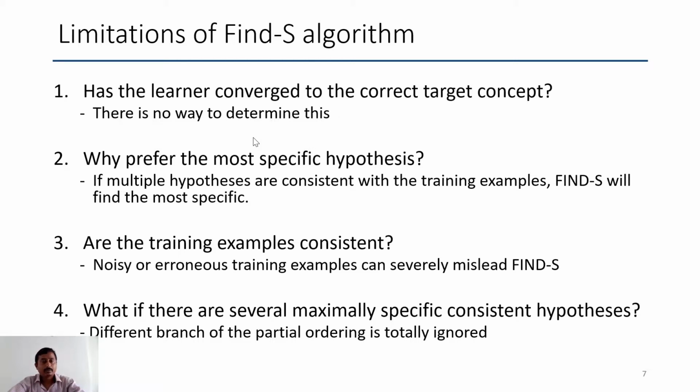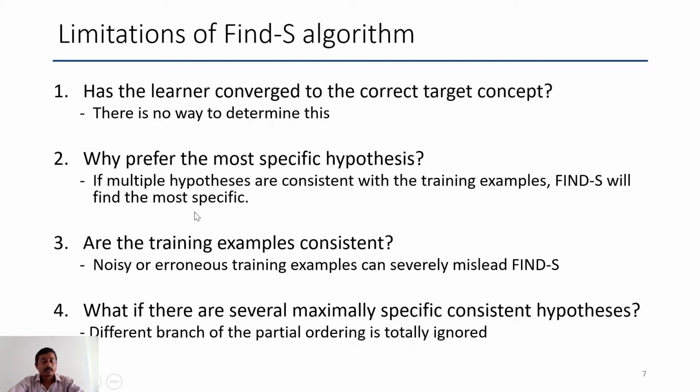The second question is, why prefer the most specific hypothesis? If multiple hypotheses are consistent with the training examples, Find-S will find the most specific one. Can't we consider the most general hypothesis which is consistent? It is unanswered by the Find-S algorithm. It will always find the most specific one.